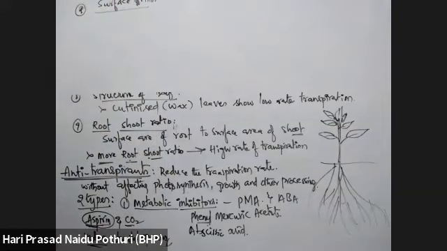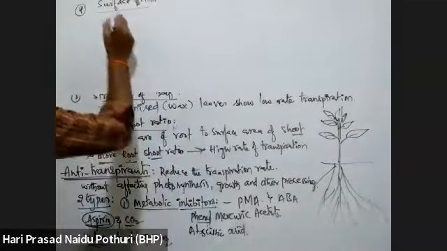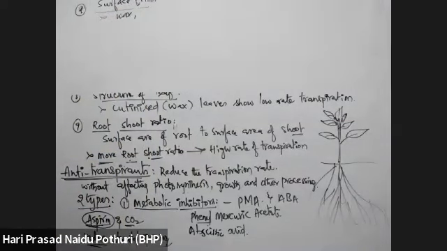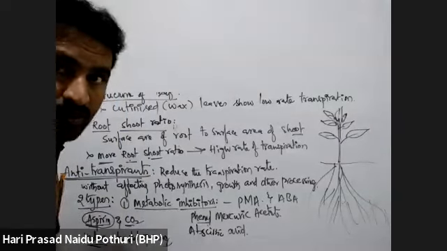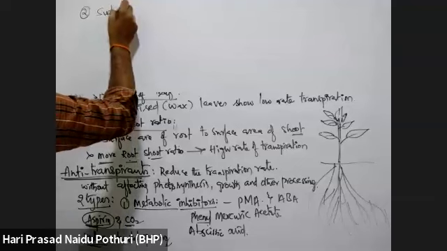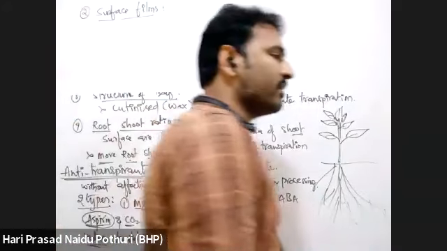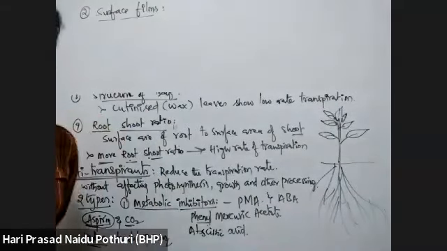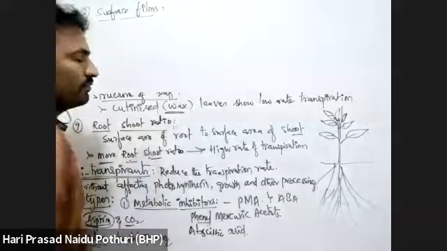Then the second type, surface films. What do surface films mean? If any film-like structure is placed on the leaf surface, it can reduce the rate of transpiration. If any substance is placed on the surface of the leaf, it will form a water repellent layer, and that reduces the rate of transpiration. Just as I told you, like wax.